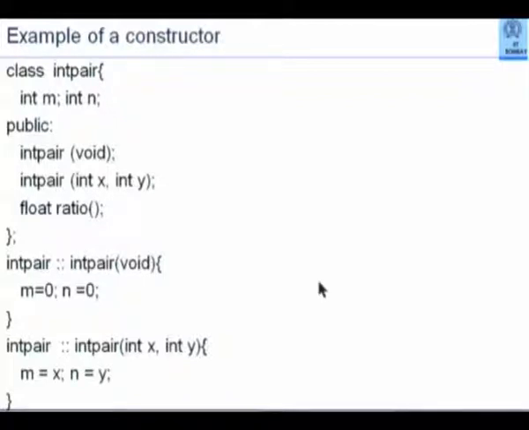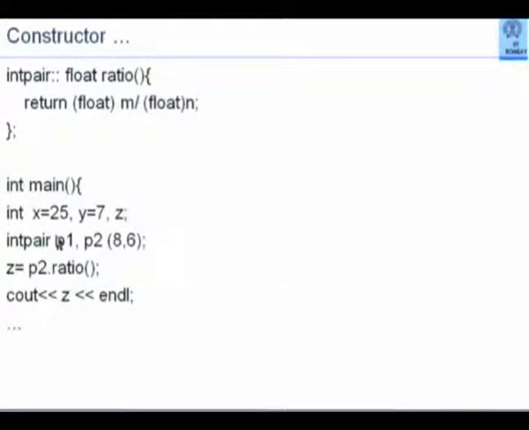That is the object. So let us look at this particular main program. Here, I have defined two integer variables, x as 25 and y as 7. I have defined a third integer variable, z. Just look at this line carefully.